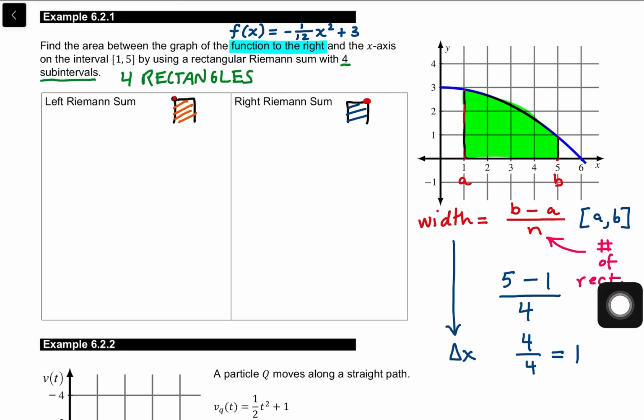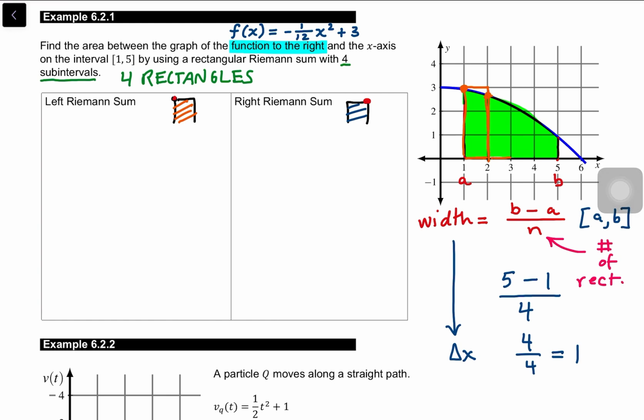So if I draw my orange left Riemann sums, I know that they're going to be 1 unit wide, and I'm going to use the left endpoints. Instead of choosing left or right, I'm going to choose the left side, 1, and that's going to be my rectangle. I'm going to go across like this and come down. Now in the next interval, between 2 and 3, since our intervals are 1 unit long, again that's my width, that's my delta x.